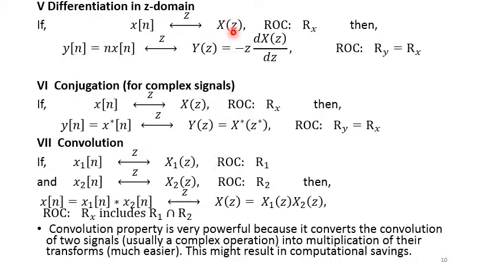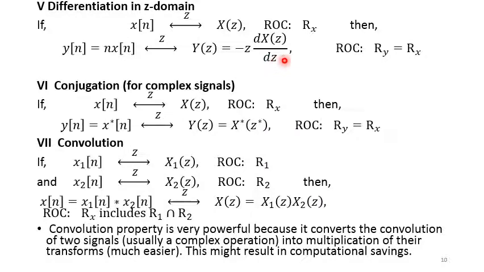If you take the derivative in the Z domain, it equals multiplication by minus z times dX upon dz.